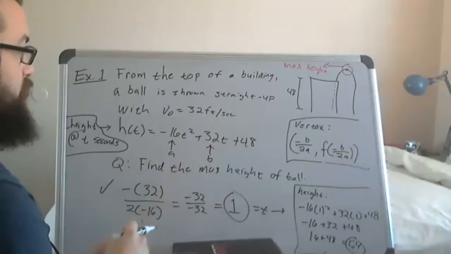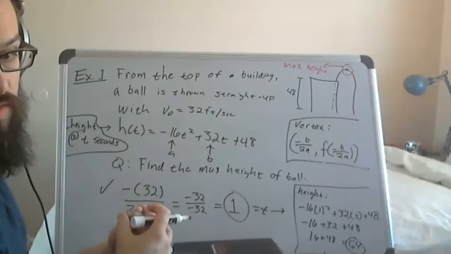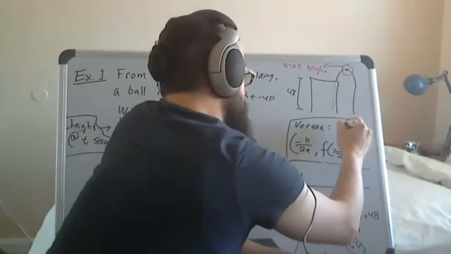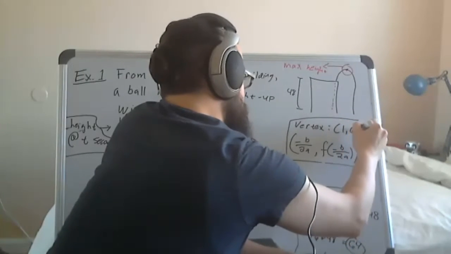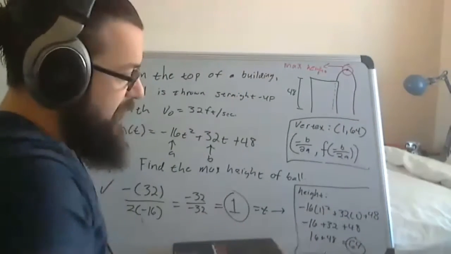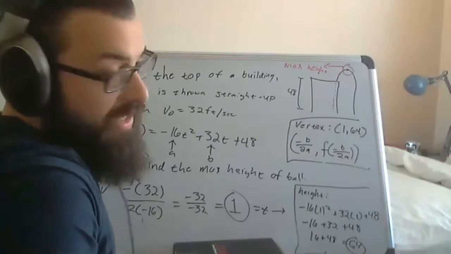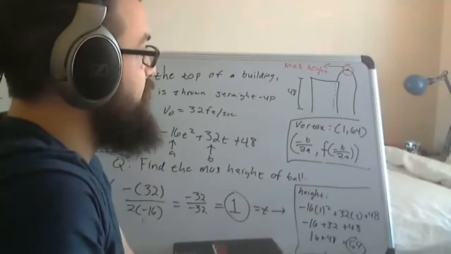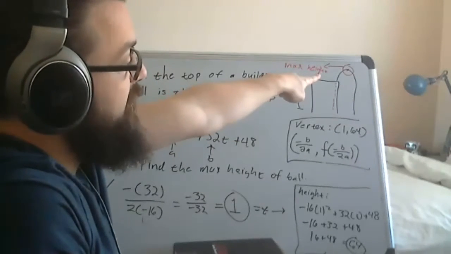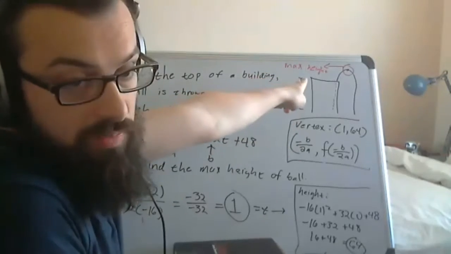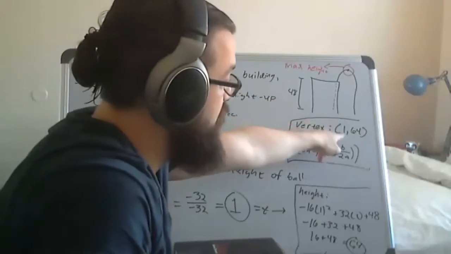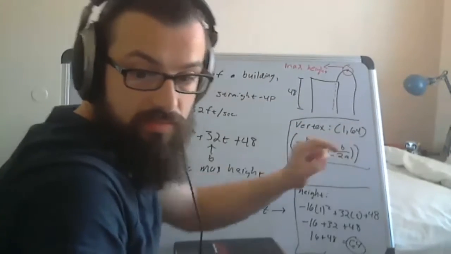So our vertex in the context of this problem was (1, 64), meaning the vertex was after 1 second. We're at 64 feet in the air, and since this is the vertex of our height parabola, after 1 second is when we achieve a maximum height of 64.